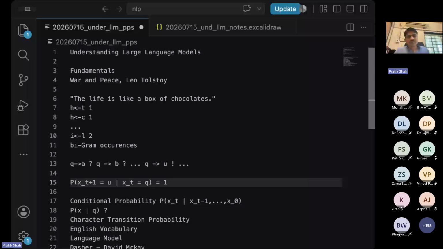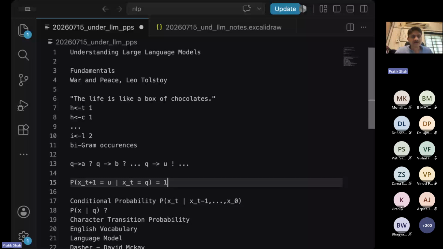So this is the conditional probability that we typically talk about when it comes to language models. So a language model has many dimensions. In computer science, you have learned about regular languages, languages which are represented by state space, essentially automata. And all your compiler design is based on that sort of formal languages, correct?